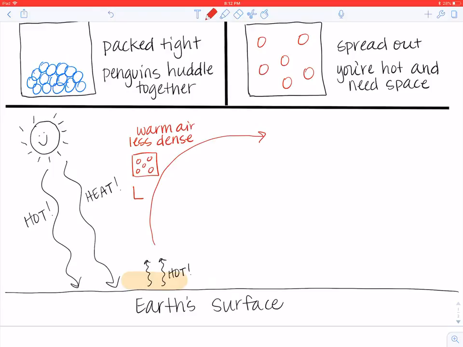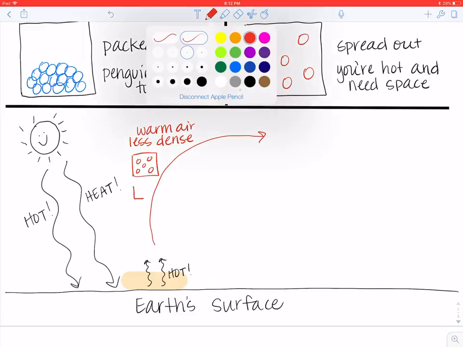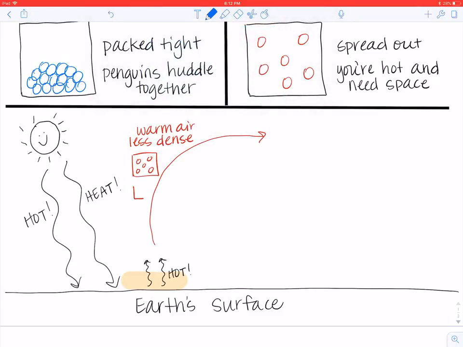Once that air gets away from Earth's surface where it's being heated, what do you think it's going to do next? Yeah, it's actually going to start sinking down. This is our cool air. It cools off. It starts to sink because it's more dense.